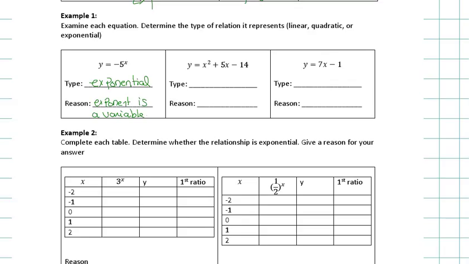How about the second one? Quadratic, degree 2. How about the next one? Degree? 0. Nope. 1.